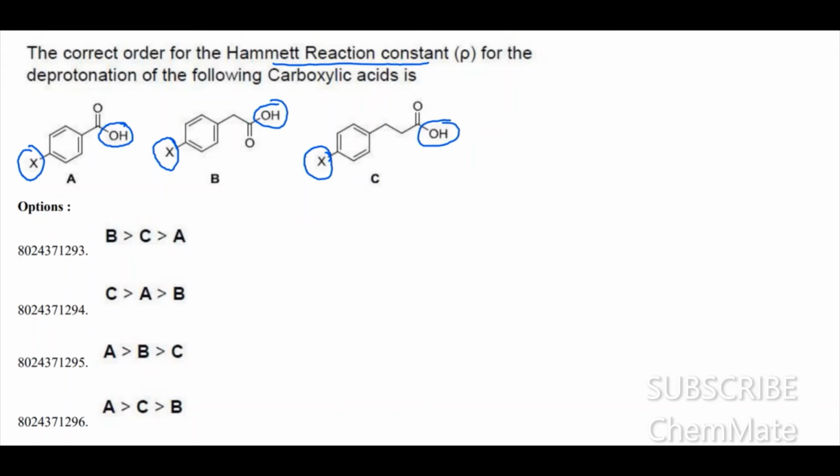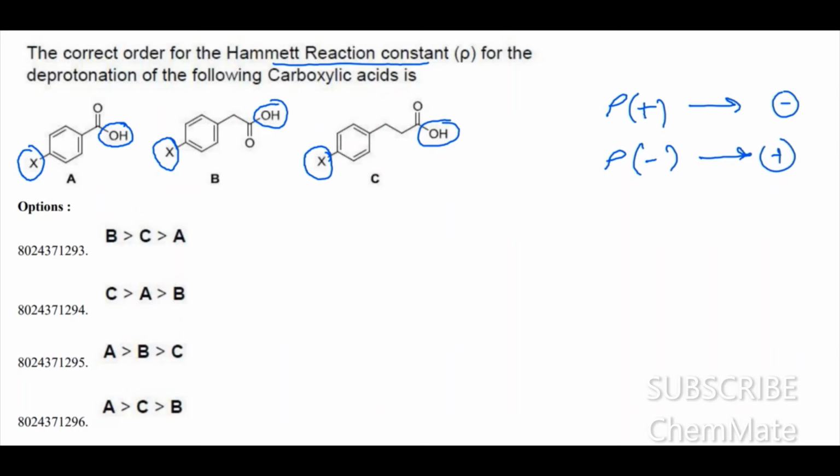And you have to remember here that rho will have a positive value if the reaction center develops a negative charge, and rho will have a negative value if the reaction center develops a positive charge.